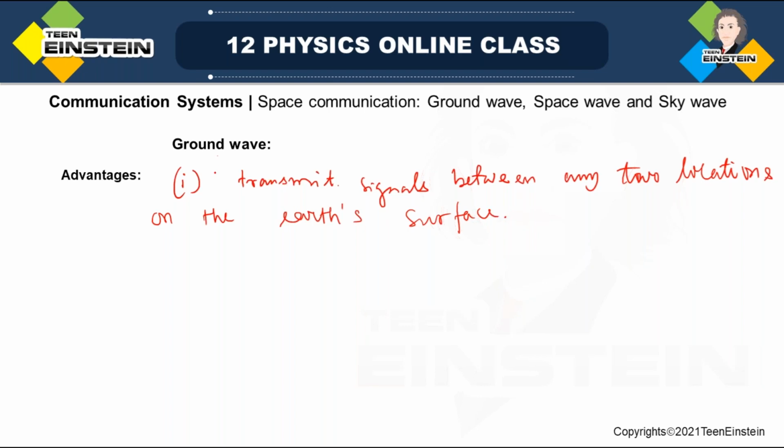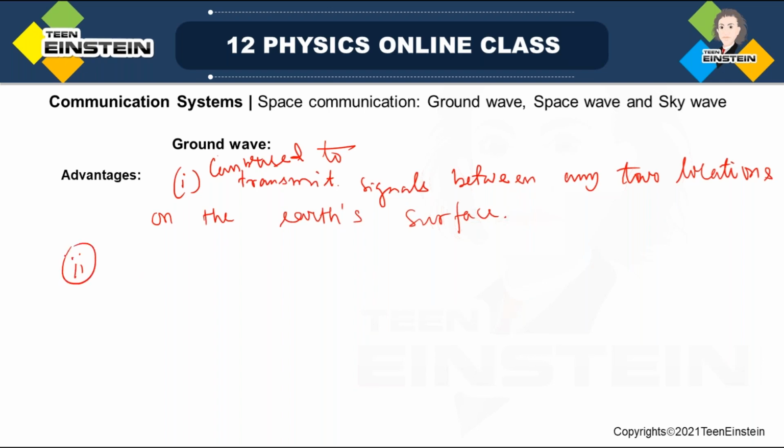So ground wave can be used to transmit signals between any two locations on the earth surface.